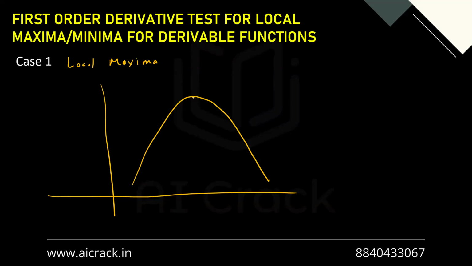Now in this case, let's try to define in terms of slopes or derivatives, right? So at this point, we can see that f dash is 0. Let's say this point is a. This is x equals a. So f dash a equals 0 over here, right? That's how we have defined. Now we can see that over here slope is positive and over here slope is negative, right?